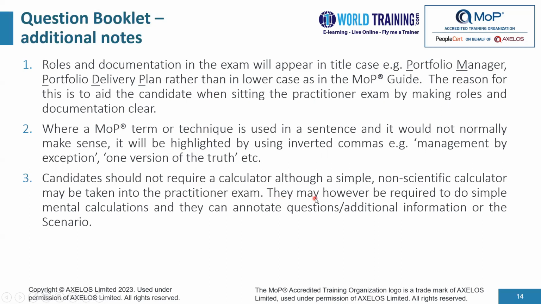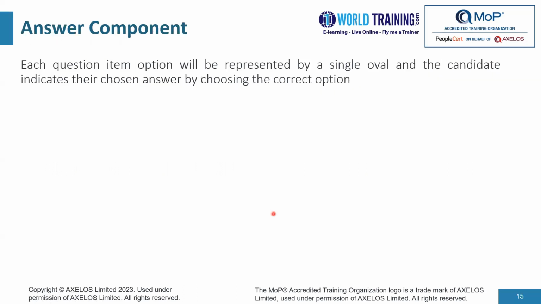They may, however, be required to do simple mental calculations, and they can annotate questions, additional information on a piece of paper that you might have with you for the exam. Each question item option will be represented by a single oval, and the candidate indicates their chosen answer by choosing the correct option.